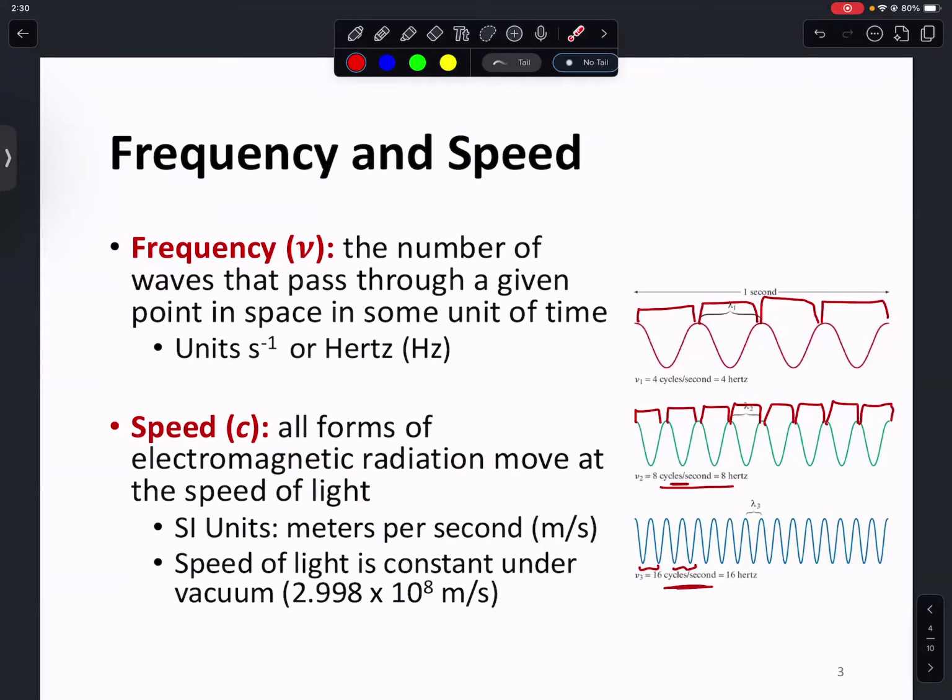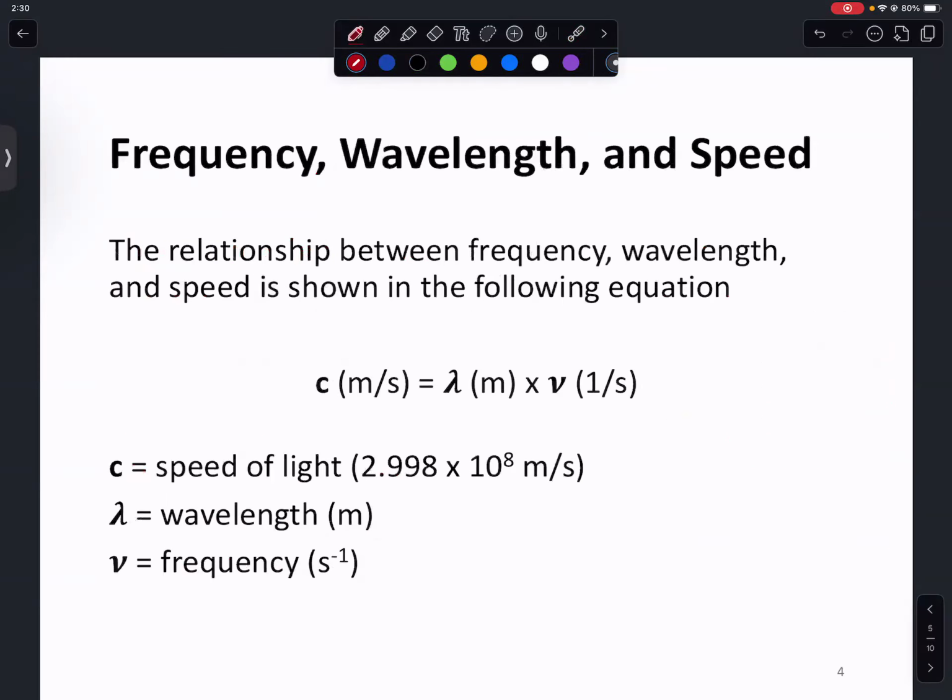Now, the SI unit for speed of light is meters per second, and it is a constant. The speed of light is given to you on your formula sheet, which is 2.998 times 10 to the 8th meters per second. And by the way, just for calculation purposes, this is going to be infinite sig figs in calculation. So how does everything we talked about, the wavelength, the speed of light, and the frequency, relate?